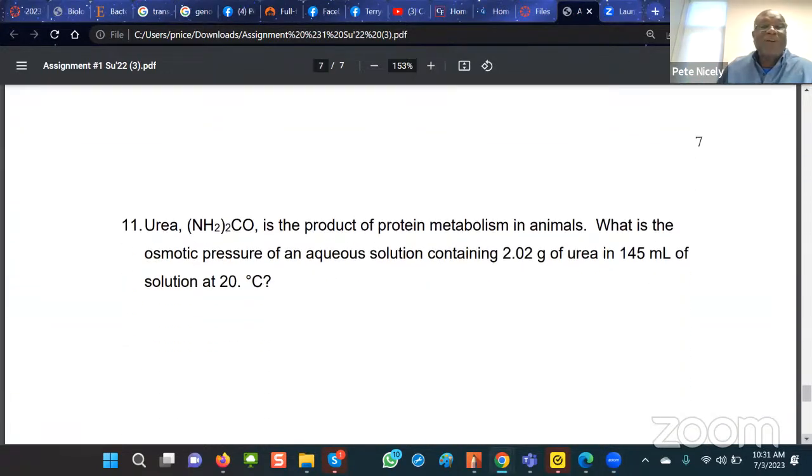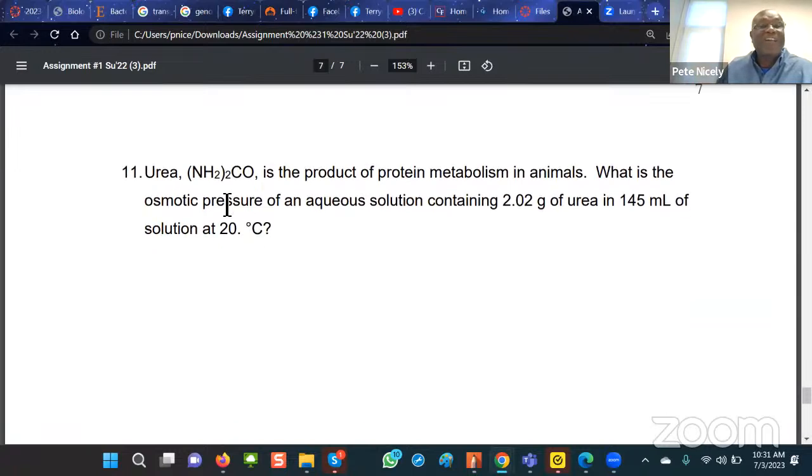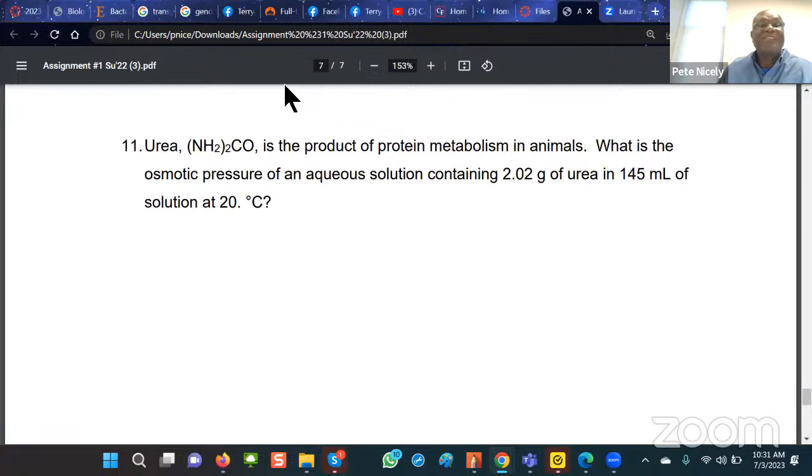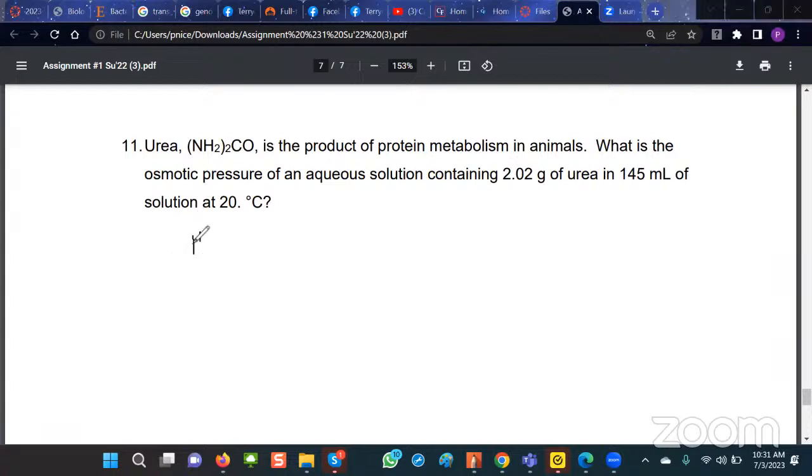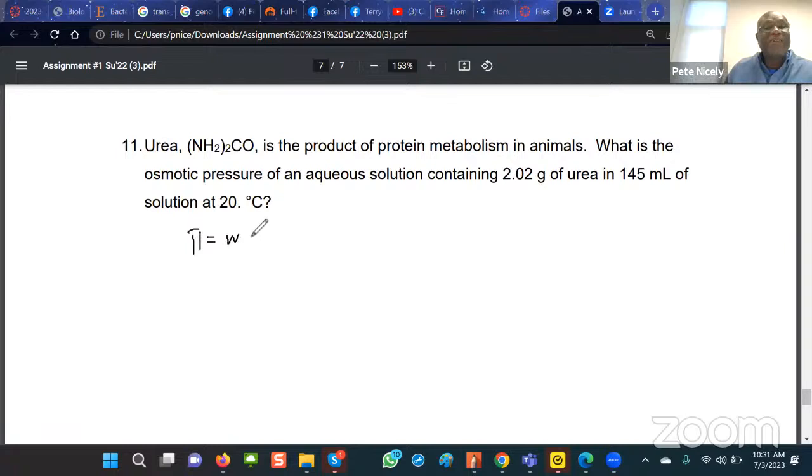Okay, so this one now has to do with osmotic pressure. So let me just remind you that the equation for this is pi equals MRT, with an uppercase M. This should look familiar to you if you remember the ideal gas equation, PV equals nRT.